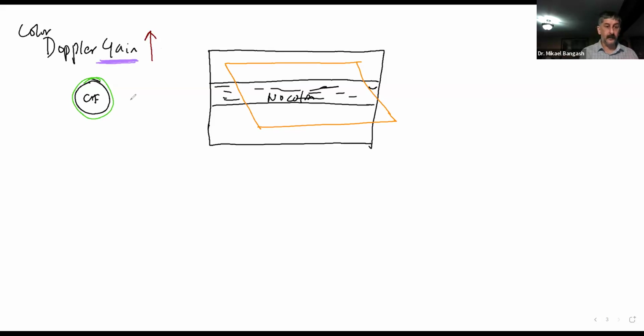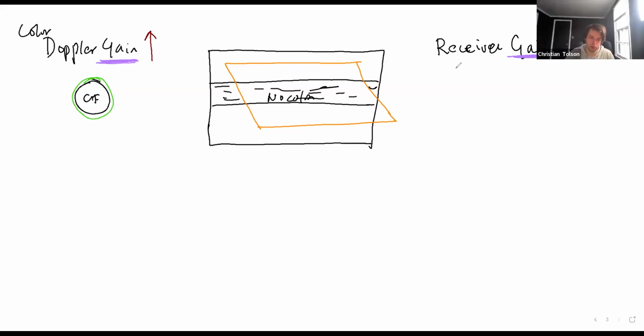Now just look at the word gain and think of something that I asked you guys to read about yesterday, which we called receiver gain. What was another name for receiver gain? Amplification.